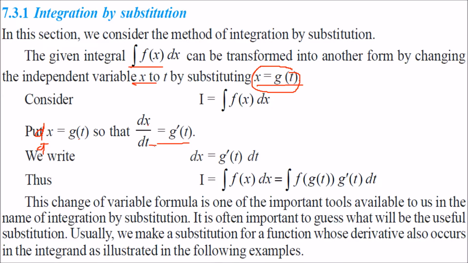So dx will be nothing but g dash t dt. So for this x we will put g(t), and for this dx we will put g dash t dt. This change of variable is a very important tool in order to find the integration by substitution.